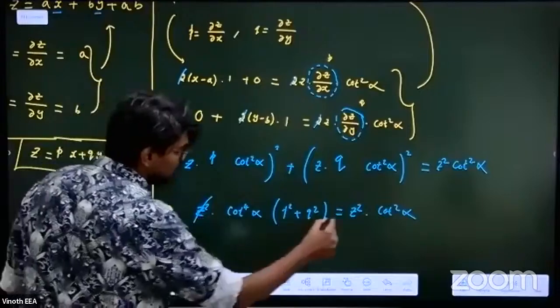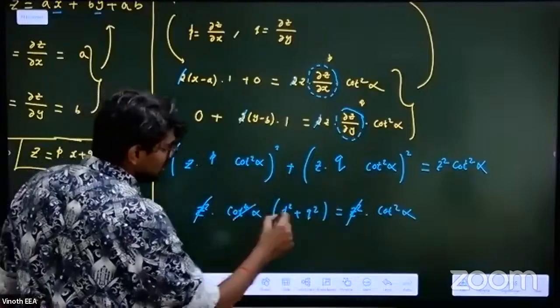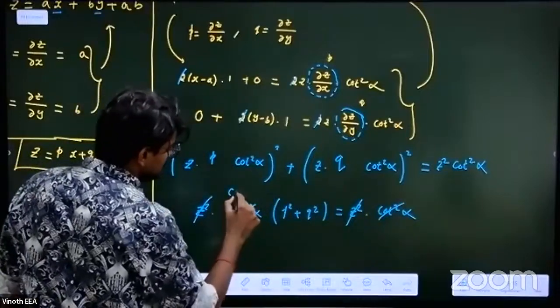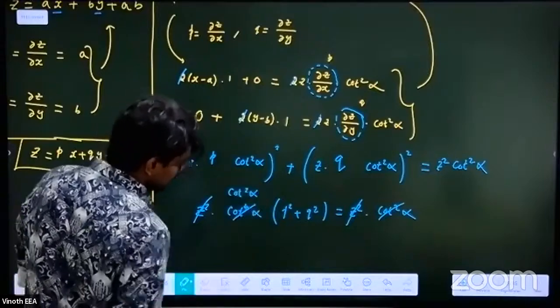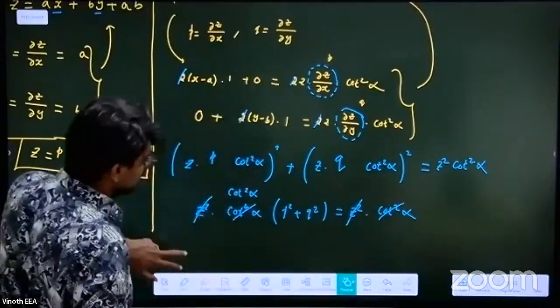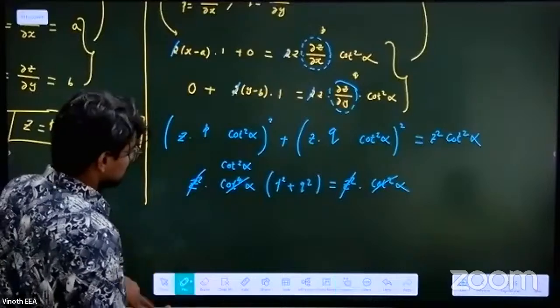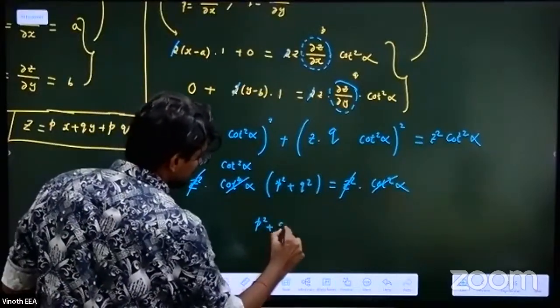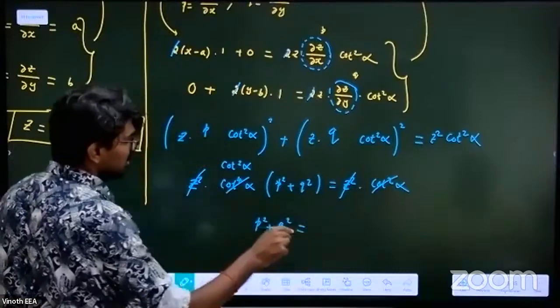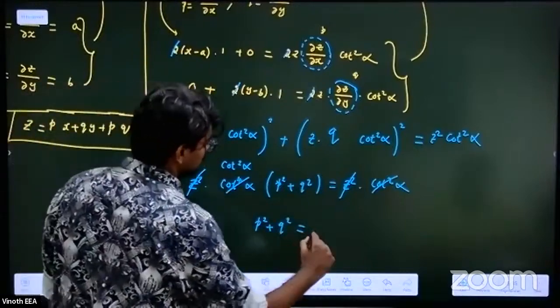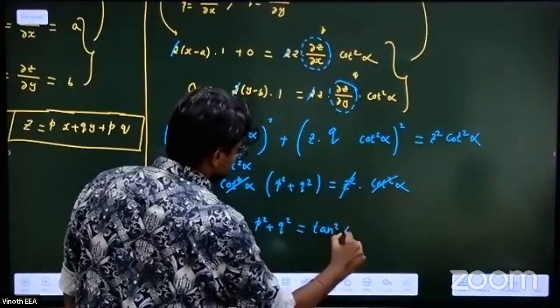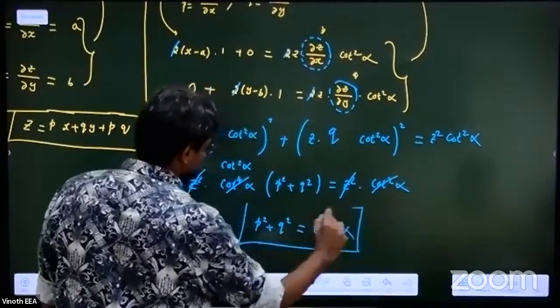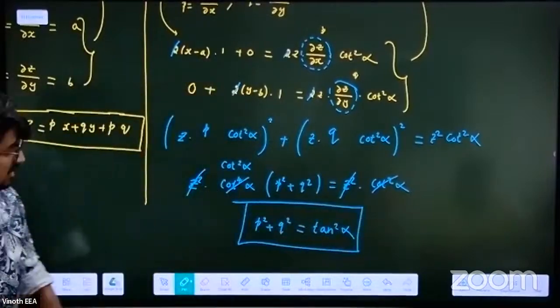I can cancel one z square with the other z square. This will become cot square alpha. So p square plus q square equal to 1 by cot square. Yep, that's it.